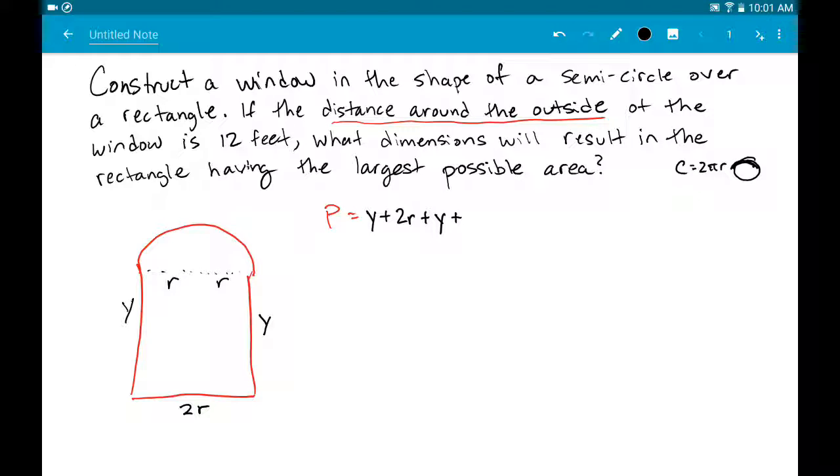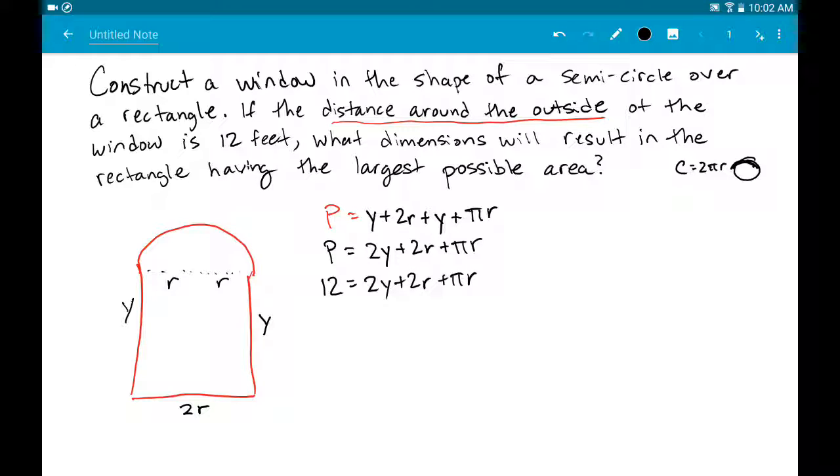So it's plus pi r. If I simplify that a little bit, I've got 2y plus 2r plus pi r. And I also know that the perimeter is 12 feet. So I can fill in a 12 here: 12 equals 2y plus 2r plus pi r.